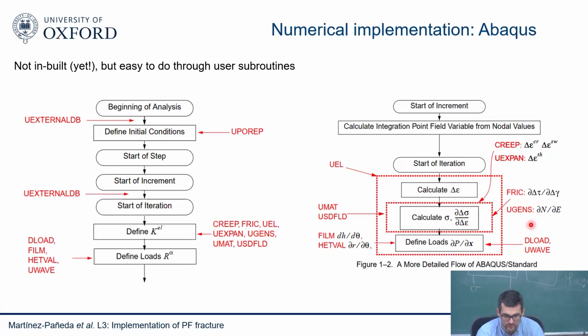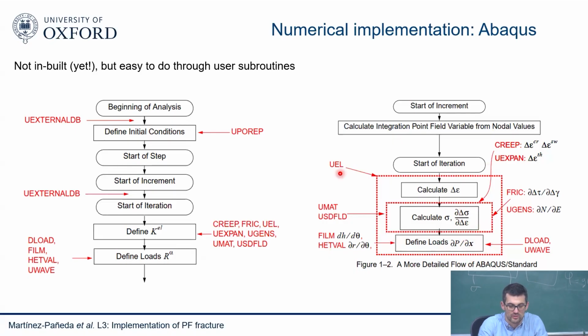Then you use your strains to calculate, at the integration point level, for each integration point, your stresses and your Jacobian matrix, if it's changing. If the elasticity is always the same it stays constant, but if you have an elastoplastic material, you get something different here. And then eventually you get out of your user material and define your loads on your right-hand side.